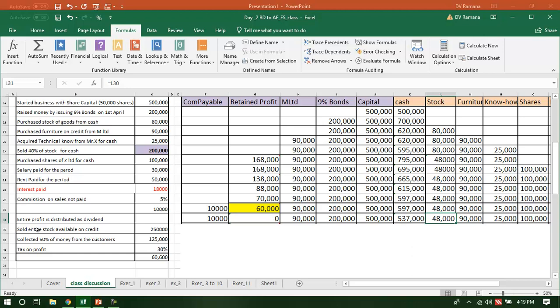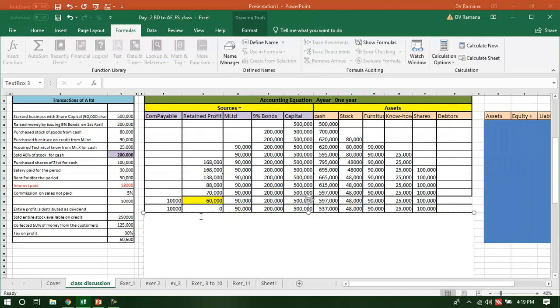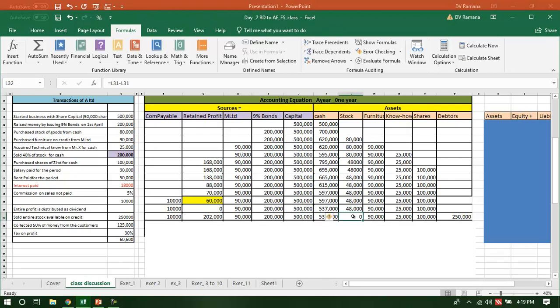But in this case, suppose the entire stock is sold on credit for 250,000. If it is sold on credit for 250,000, stock will become zero. Debtors will be 250,000. It's an asset.